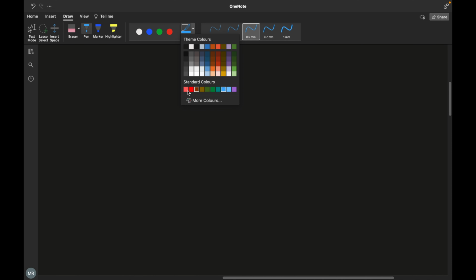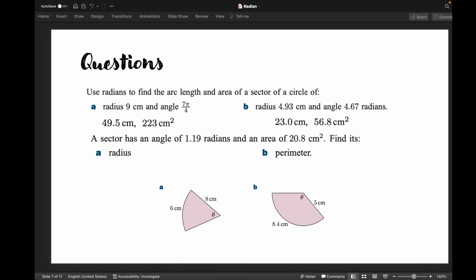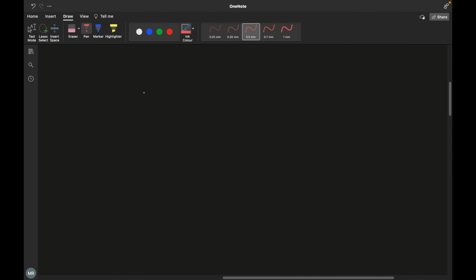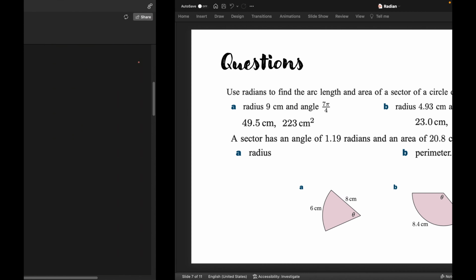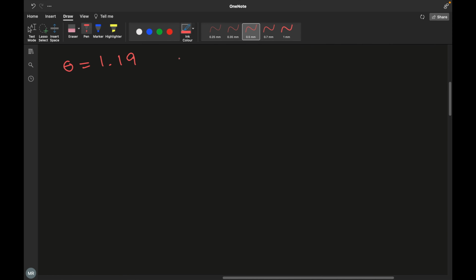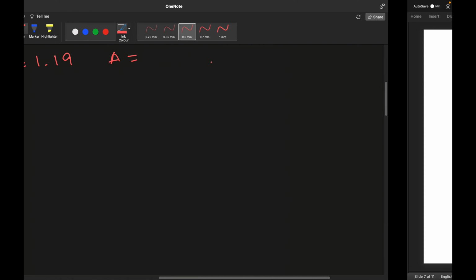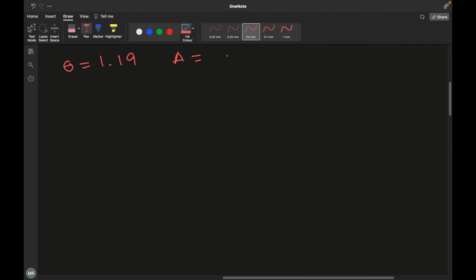Theta equals 1.19, and area A is 20.8 cm squared.